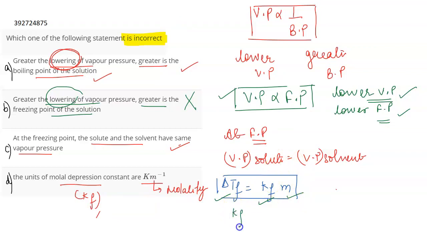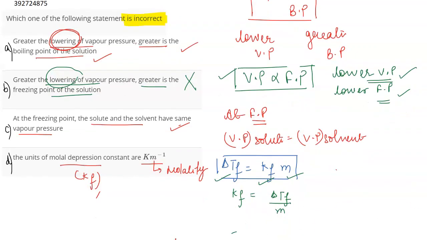So from here, Kf = ΔTf / m. The unit of ΔTf is Kelvin, and the unit of molality is m inverse, so we are writing molality as m inverse only. Which implies that the fourth statement is also correct.